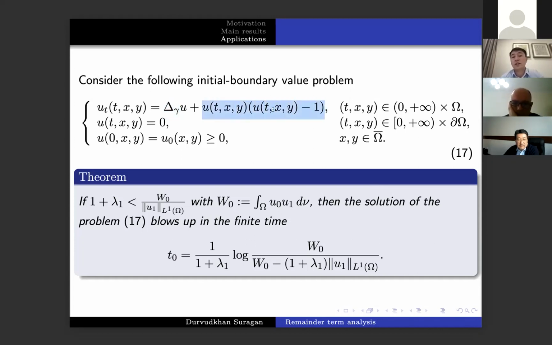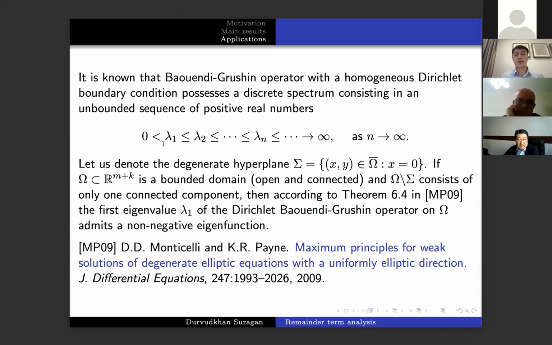Here we have the famous nonlinearity, the so-called Fisher-KPP nonlinearity. In that case, thanks to the sharp Poincare inequality, we can identify the exact blow-up time. Here we have lambda 1, which is the first eigenvalue.